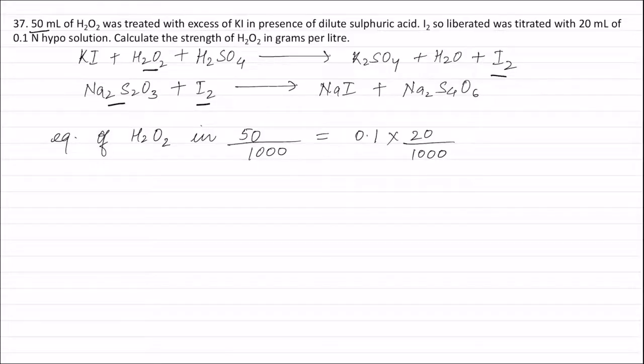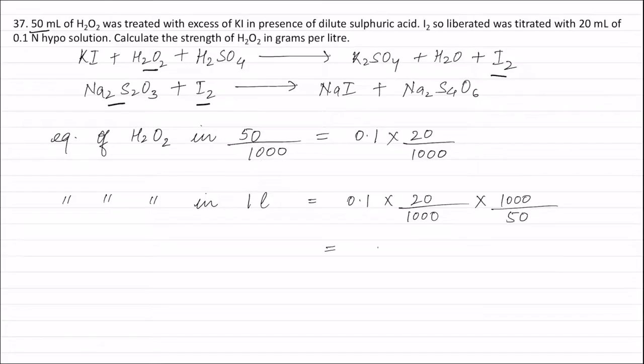Now from this we can calculate the equivalence of H2O2 in 1 liter or 1000 milliliter. Therefore, equivalence of H2O2 in 1 liter is equal to 0.1 into 20 by 1000 into 1000 by 50, and this is equal to 0.04 equivalents.